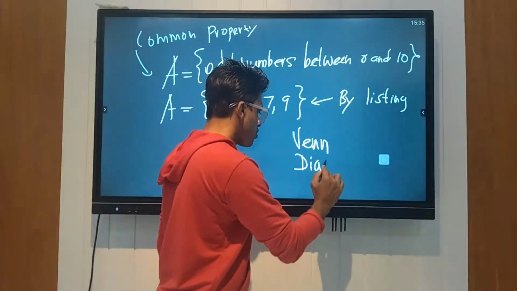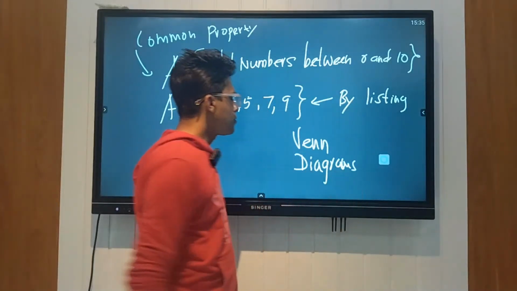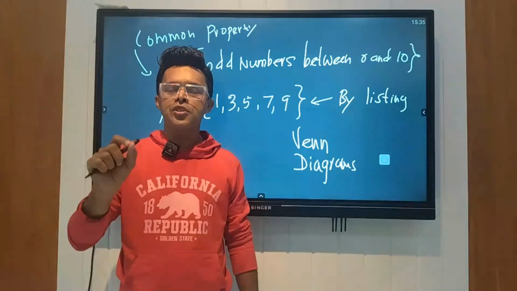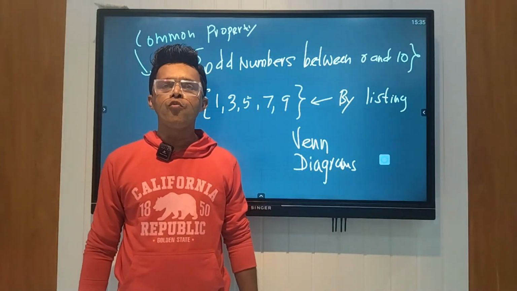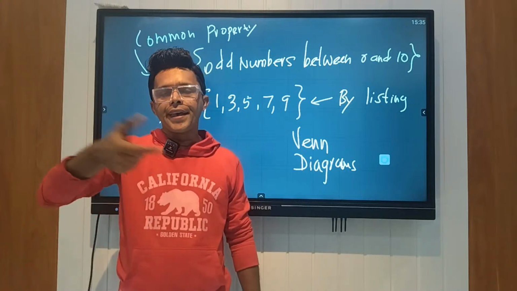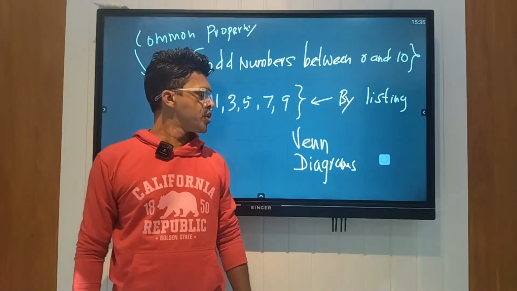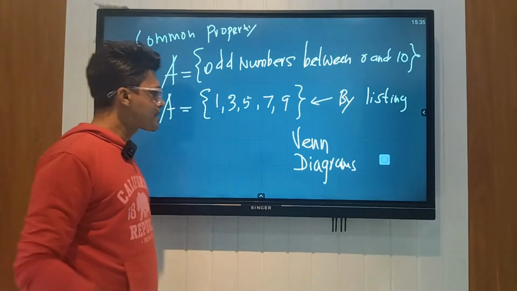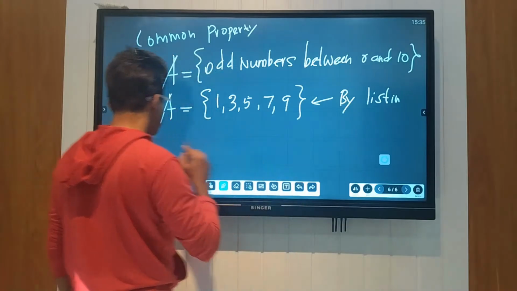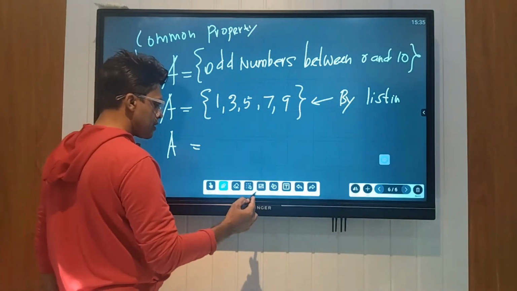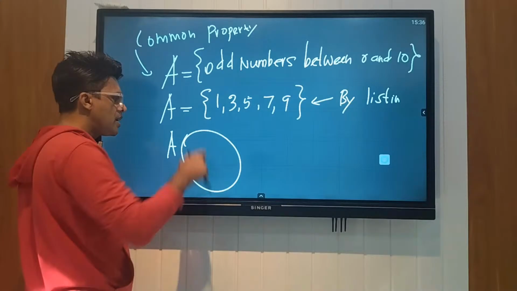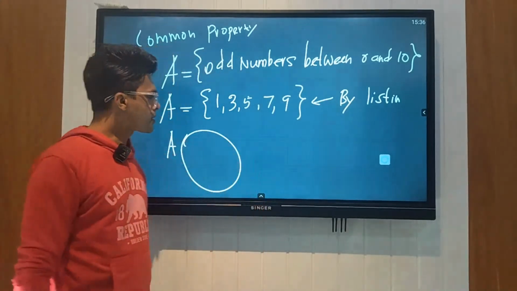You need to know that the British mathematician John Venn, for the first time, discovered this way of expressing sets. He considers a circle, and in the circle we write these elements. Here is a Venn diagram.